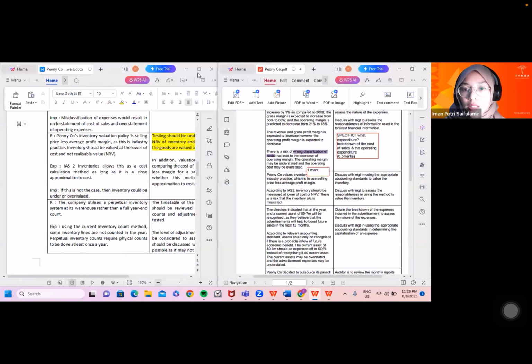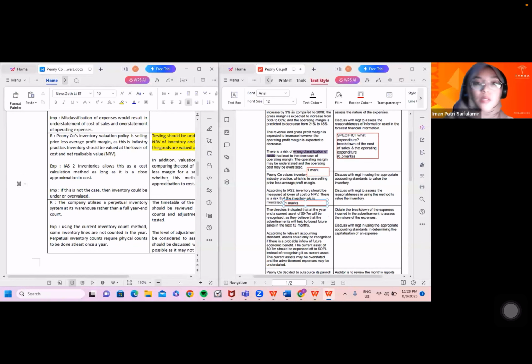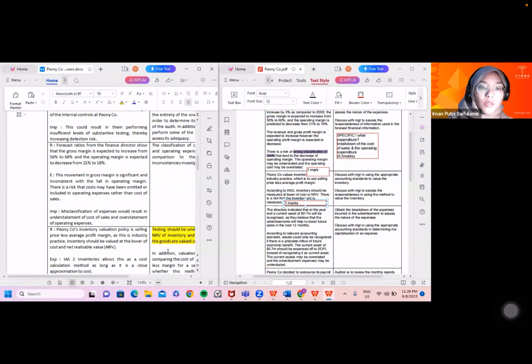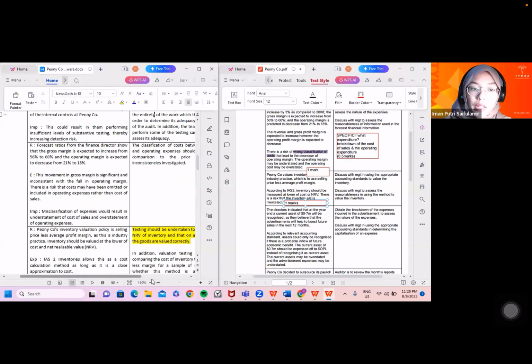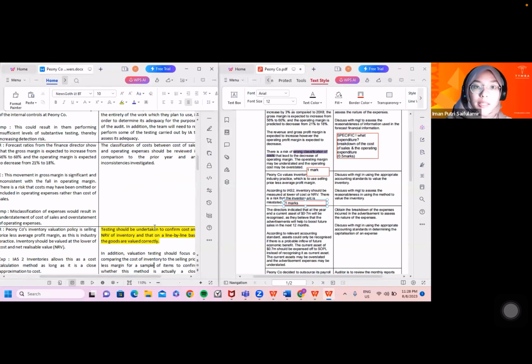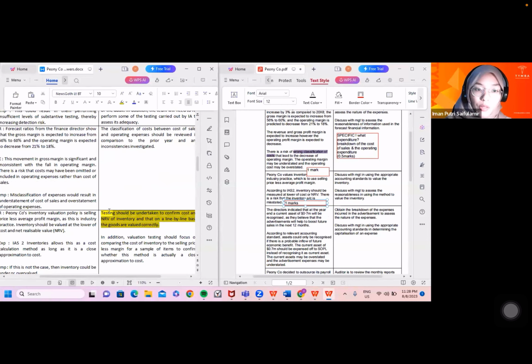We want to make sure whether this is correct or not. But I think I can give 1 mark here. Discuss with management on using the appropriate accounting standards. I want you guys to make sure to apply this answer here, because whenever we are talking about inventory, we want to confirm the valuation. Is it accurate or not?